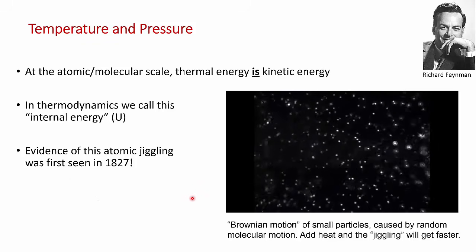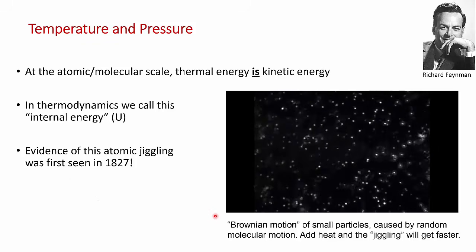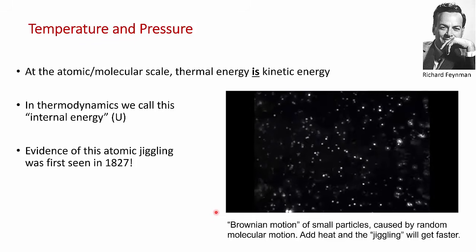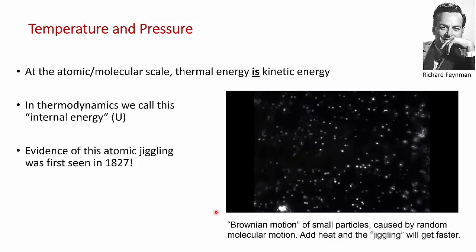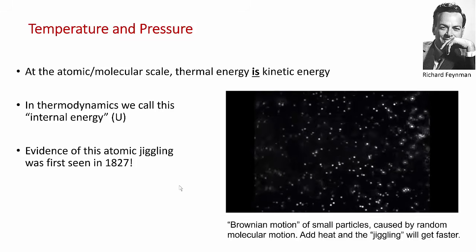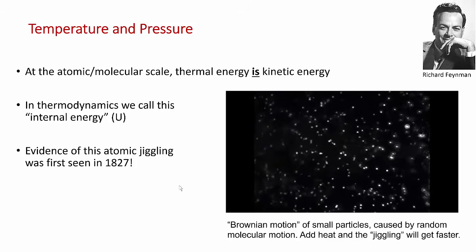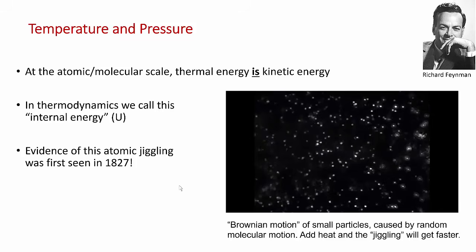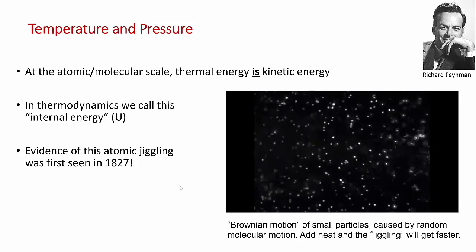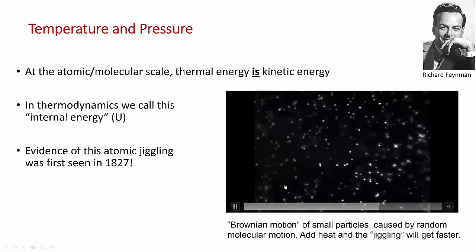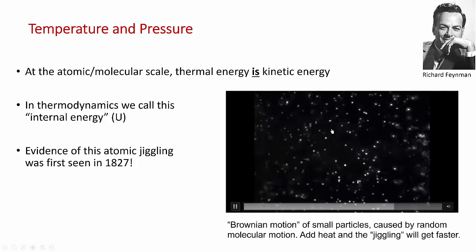I've got a little video here that shows something called Brownian motion. What you're seeing here is the jiggling of small grains of pollen in water. Evidence of this jiggling was first observed in 1827 by a botanist named Robert Brown, who had a sample of water under a microscope that contained small grains of pollen, and you could see these pollen grains just bouncing around.